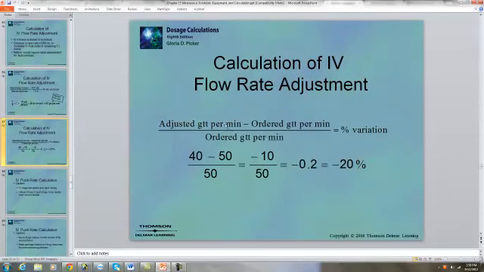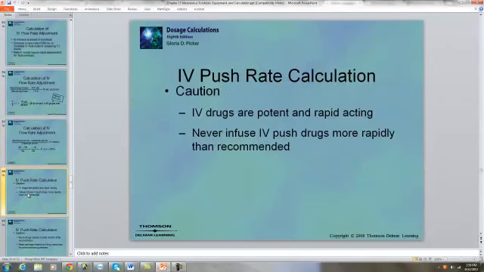So the adjusted drops per minute, 40, minus what was ordered, 50, divided by what was ordered, gives you a negative 20%. So you're slowing it down.